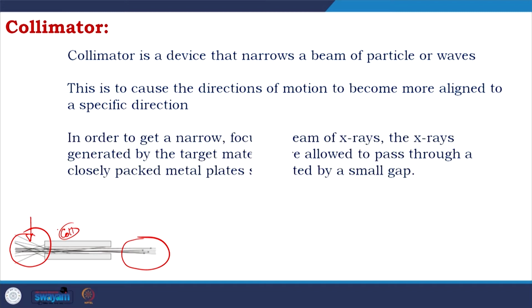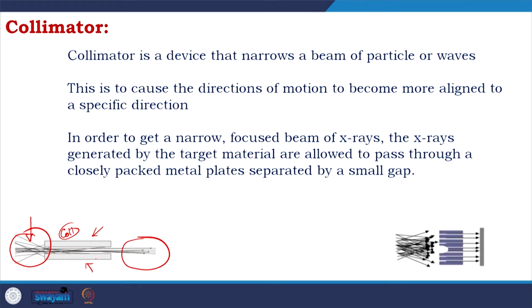Okay. In order to get a narrow focused beam of X-rays, the X-rays generated by the target material are allowed to pass through closely packed metal plates separated by a small gap. So, I was showing you two metal plates. Instead of two metal plates, they actually use a series of metal plates with some gaps.